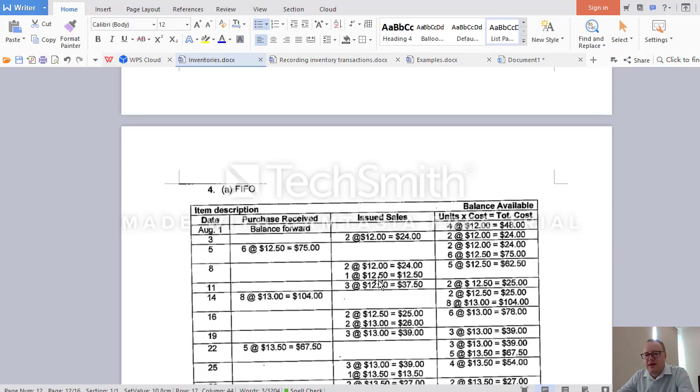And then you sell again 3 items, and now you're left with 2 items at $12.5. Then you purchase some other items at $13. Again, you account separately. And again, you need to sell 4 items, and you will sell those older items at $12.5 first, and 2 other ones from the recent batch. And so of the recent batch, you will now have 6 items at $13, and so on.